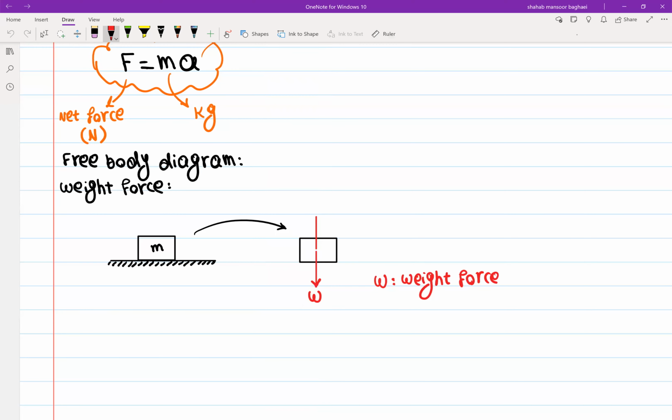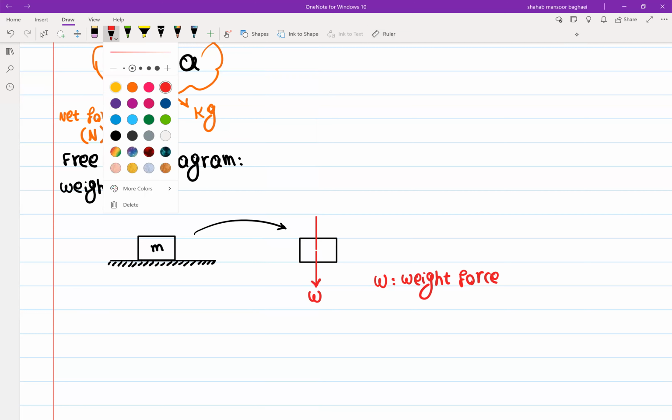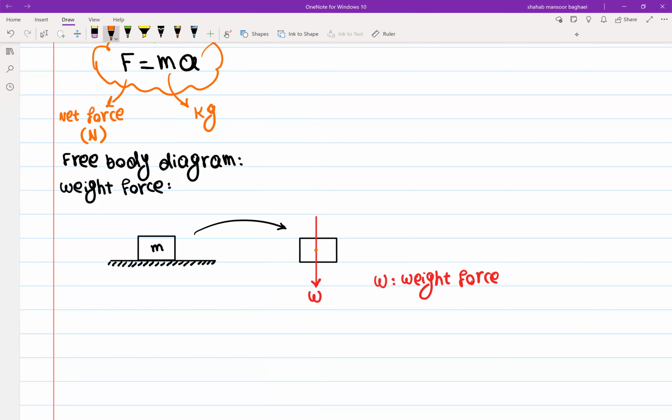That's why you can assume it is like a particle. Therefore, focus on the middle point. I mean here. In theory, you can have this kind of assumption.